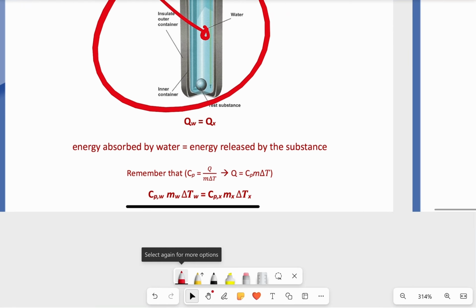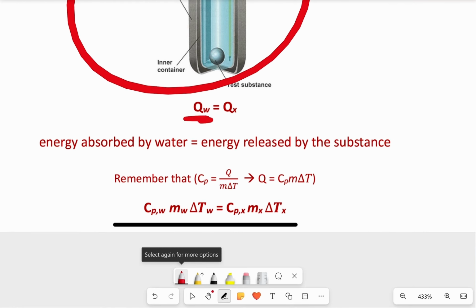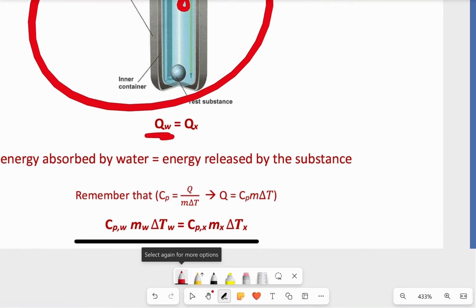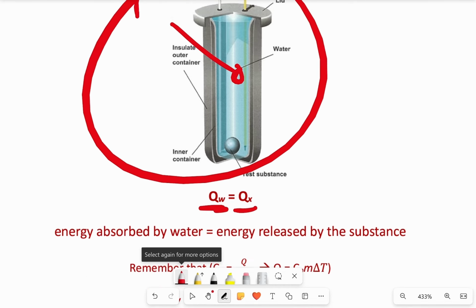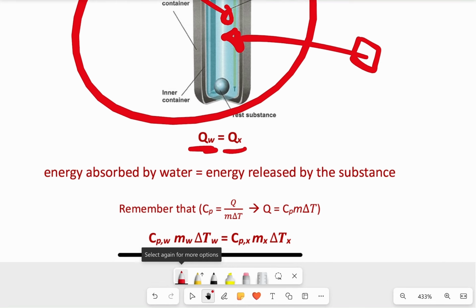So we have what here? We have energy absorbed by the water. Q_W, which means heat absorbed by the water, is equal to Q_x, energy released by the substance. If you put an object inside the water, the energy that is absorbed by the water is equal to the energy released by the substance.